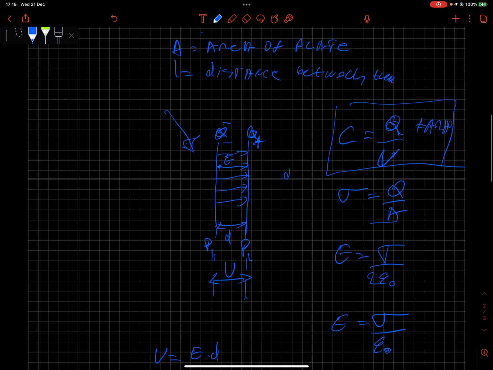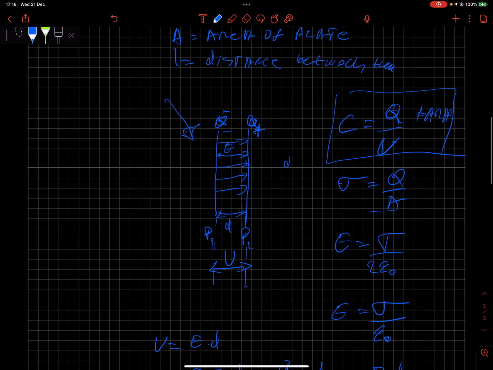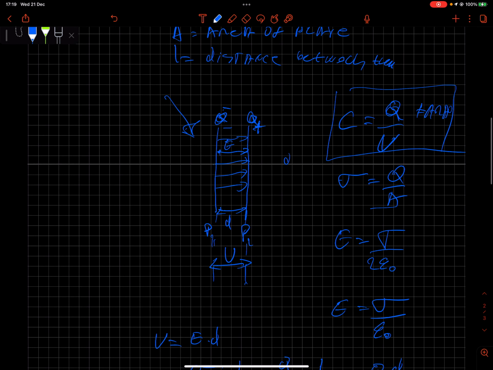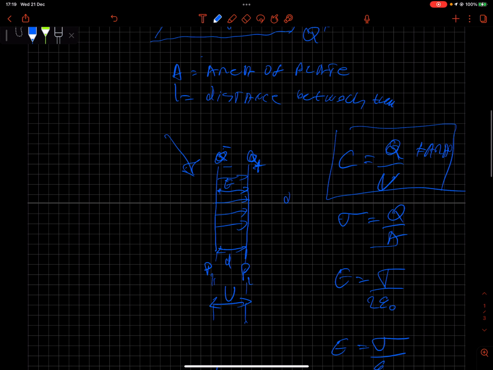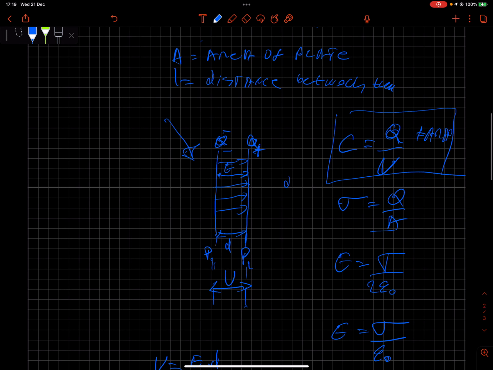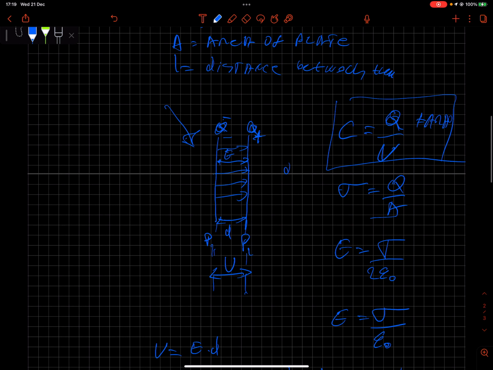For example, you have big capacitors inside a power supply, for filtering voltage. Or you have big capacitors in amplifiers. So the capacitance measures the ability of a system to store charge.